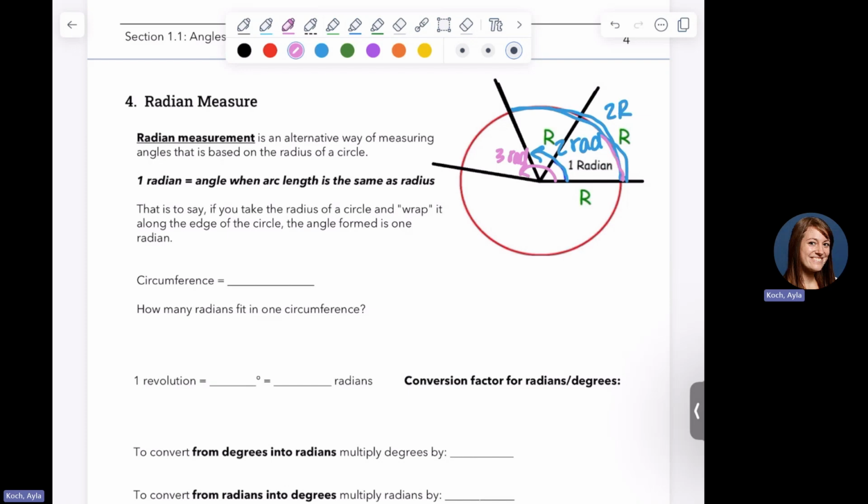That's very messy. And this entire distance would be 3r. There'd be r here, r here, r here. 3r.